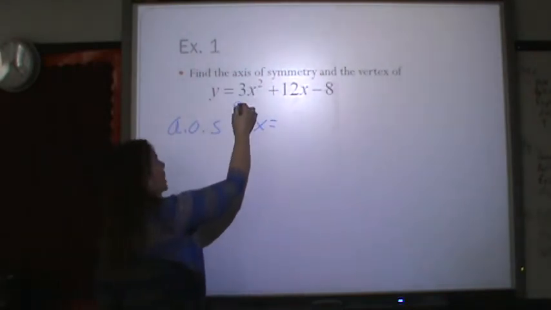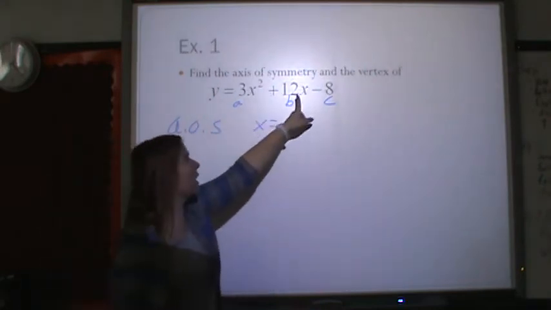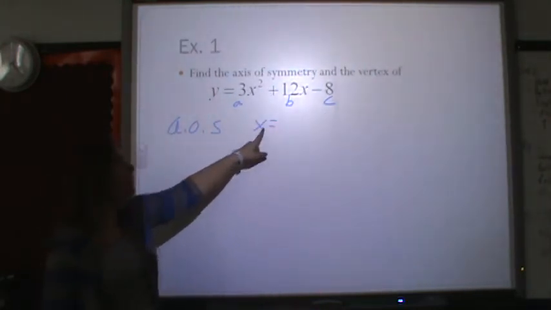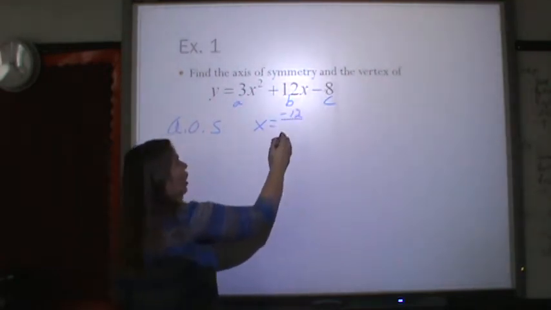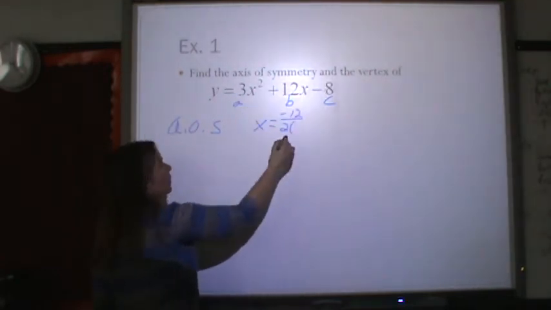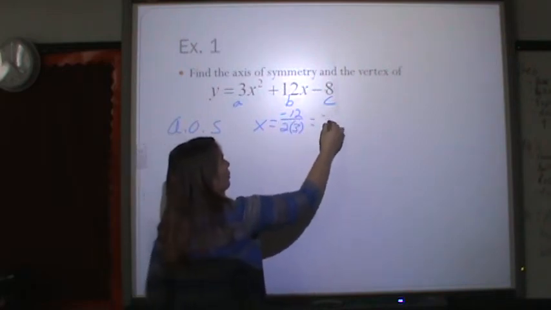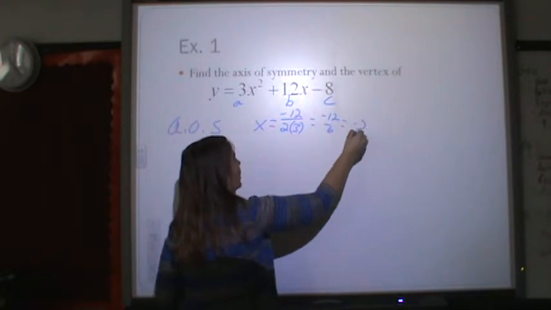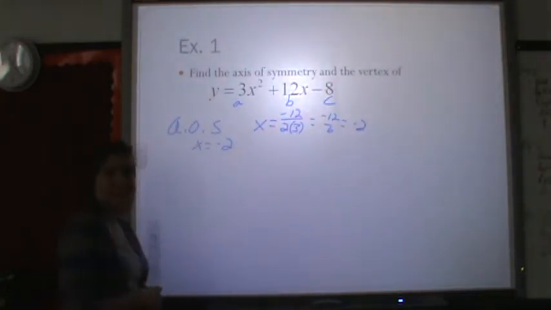If you remember, it goes a, b, and c, because it goes x squared, x, and then no x. If it's negative b, this is a positive 12, so we're going to start with negative 12 all over 2 times your a, which in this case is 3. So it ends up being negative 12 over 6, which is negative 2. So my axis of symmetry is x equals negative 2.